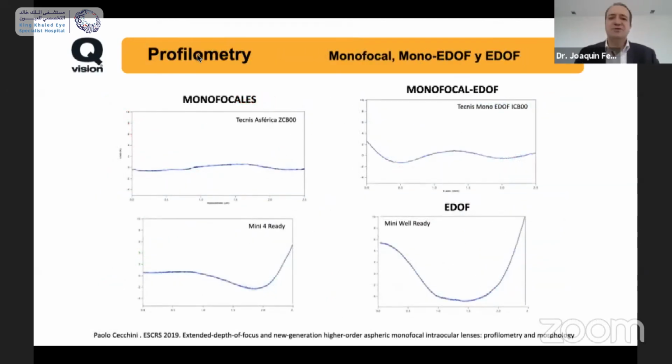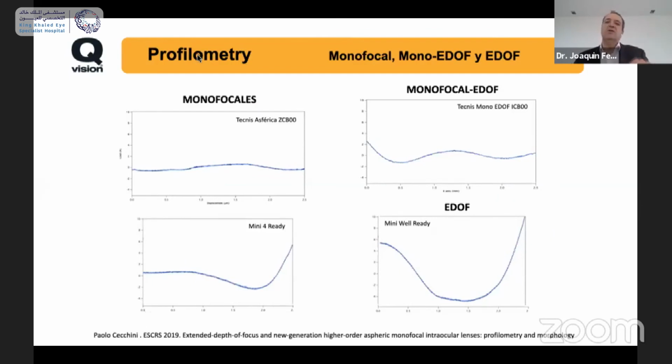What is the profilometry of the different lenses? Right now, we have different monofocal lenses, mono EDOF, and EDOF. The profilometry is the profile of the lens power when we take out the spherical lens. As you can see, the monofocal EDOF has a little peak in the middle, at 0 millimeters, to try to improve the spherical aberration, and compared with the Mini Well, the EDOF is higher.